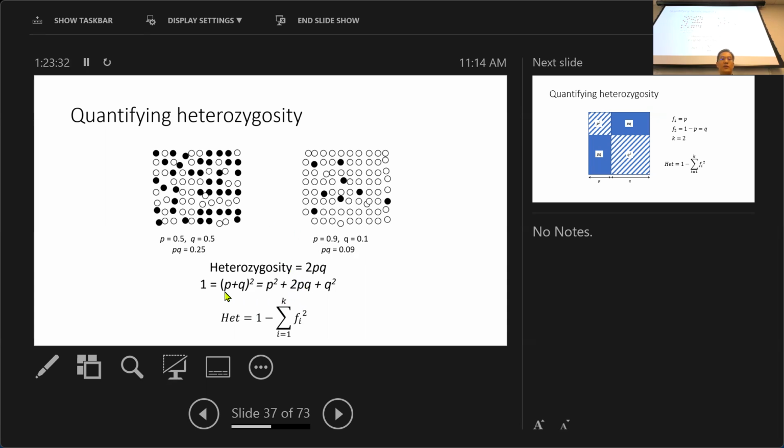Well, because P plus Q is 1 and squared, you can expand this equation in this way. So you have P squared, Q squared, and you can use 1 minus P squared and Q squared to get a 2PQ value. So that's a formula people often use to define the heterozygosity of a group.